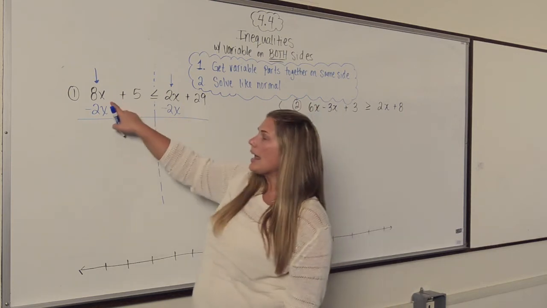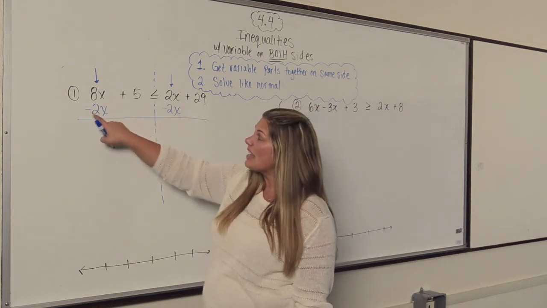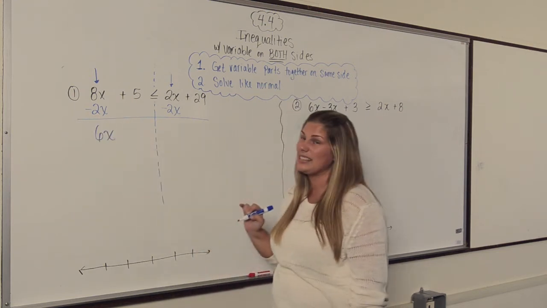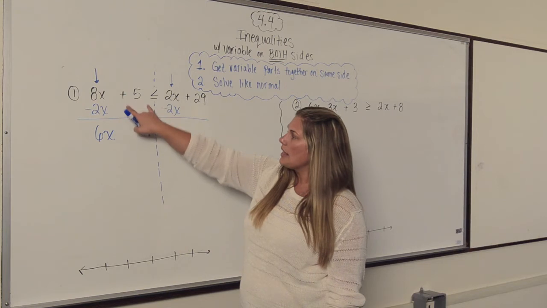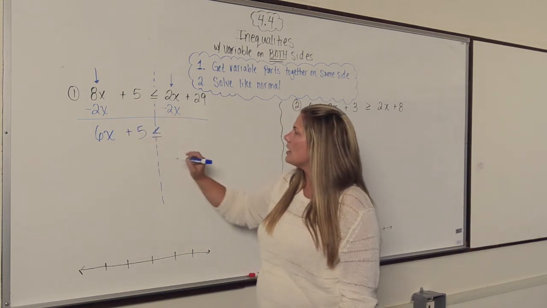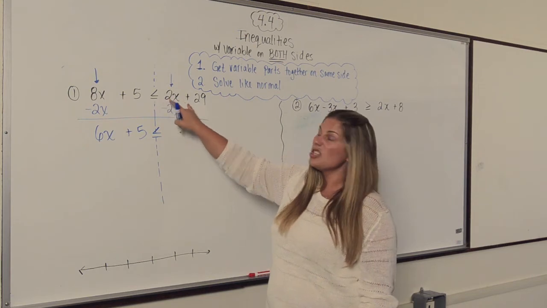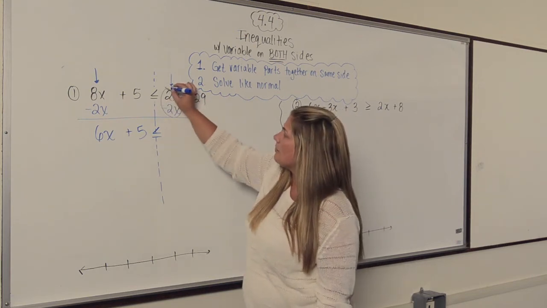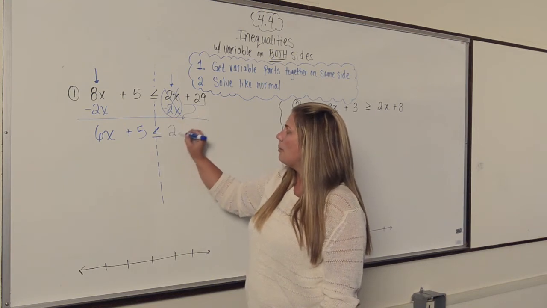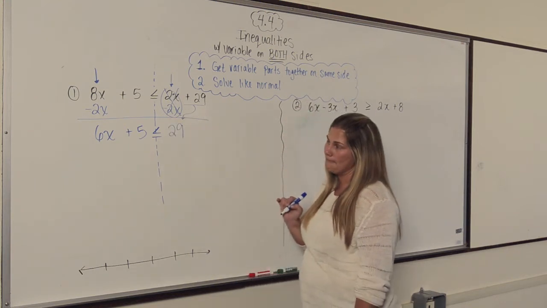So if I had 8x's, but now I'm taking 2 of them away, I'm just left with 6 of the x's. But then I still have a plus 5 is less than or equal to. If I had 2x's and I take 2x's away, it makes 0. So I'm just left with a positive 29.